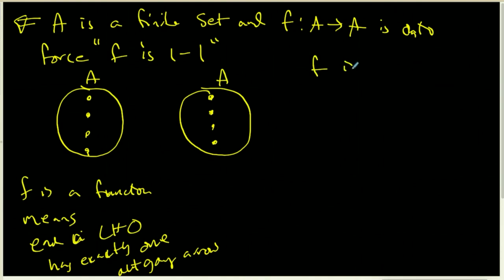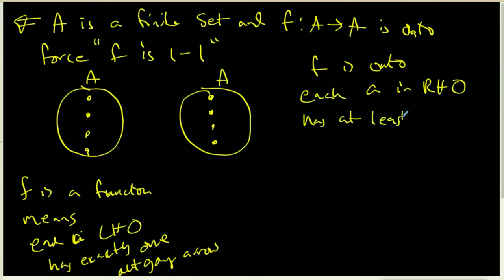F is onto means that each A in the right-hand circle has at least one incoming arrow. And so I'm going to start with those incoming arrows. And again, I'm going to put them in colors. So there's an incoming arrow to that element.